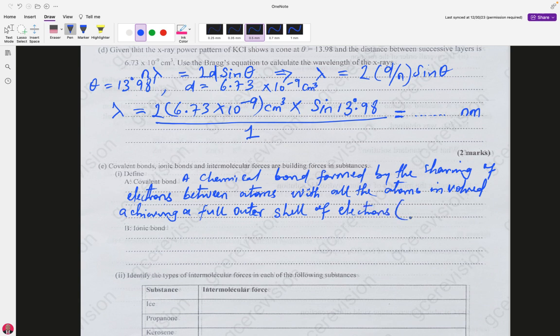Or you can say achieving a full octet of electrons.